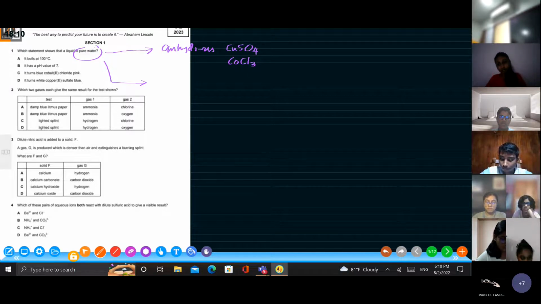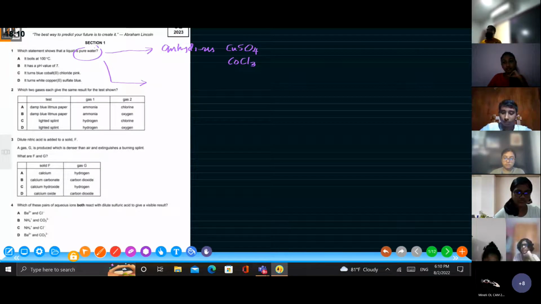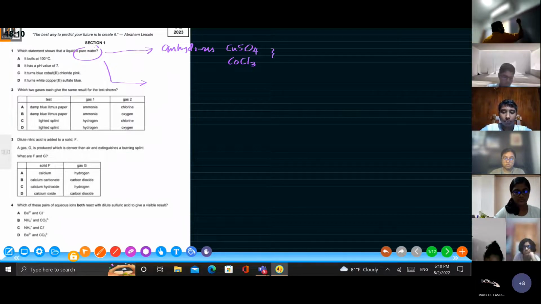But those do not clarify that the water is pure. Even water in an aqueous sulfuric acid solution will show the presence of water. But these two tests don't show whether it's pure water or not. So this is not to show pure water.